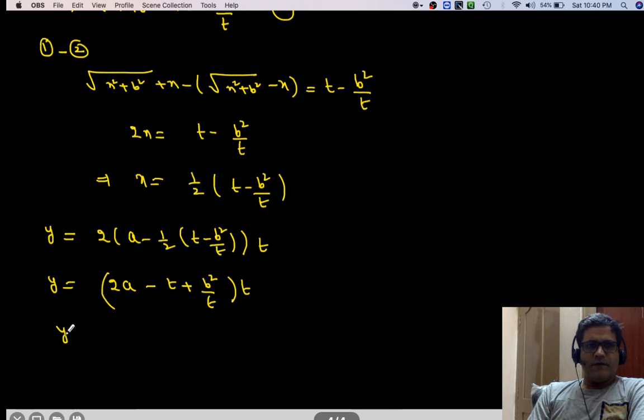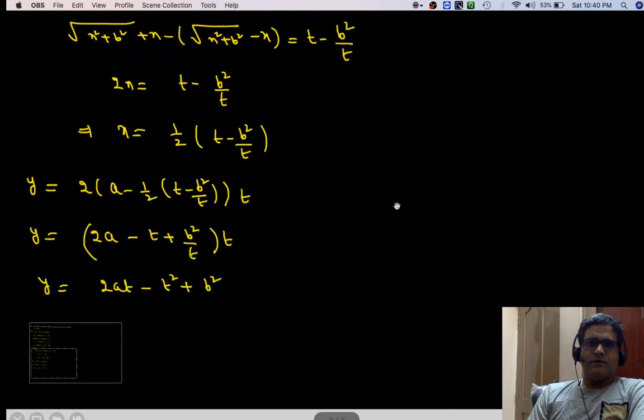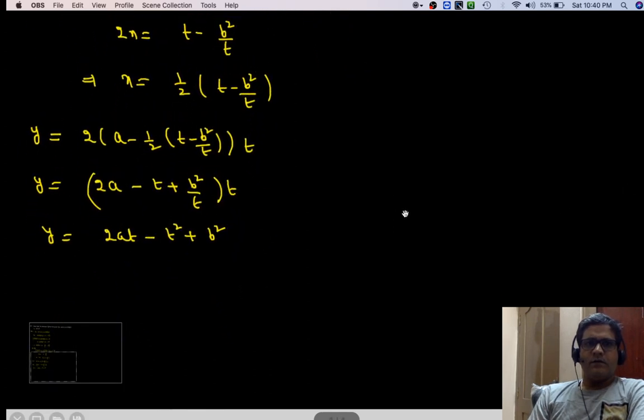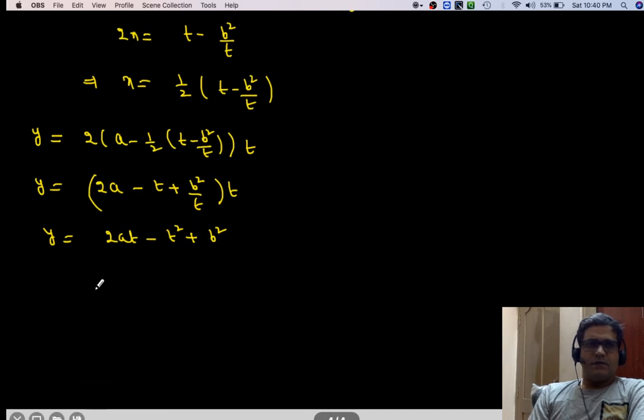That is y = 2at − t² + b². Now y can be written as b² and, taking minus common from these two terms, t² − 2ta.